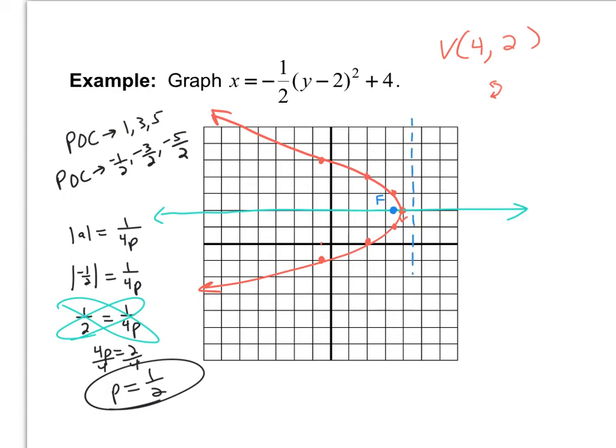So I'll make a dotted line here to represent my directrix, and that is going to be the line x equals 4.5, because if it's a vertical line, it's x equals a number, and it carries the value of 4.5. My focus would be the point 3.5, 2.